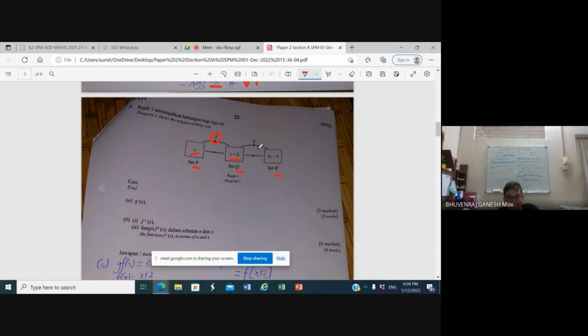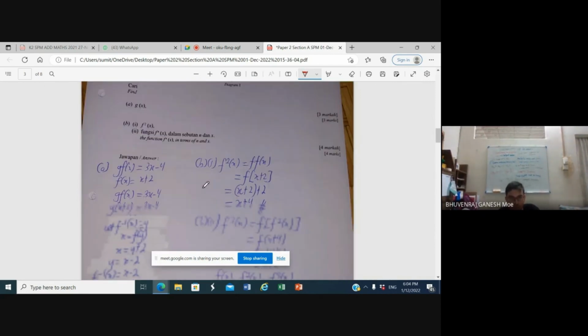So follow the arrow. Function g is mapping x plus 2 to 3x minus 4. This is how we say it. Function g maps set Q to set R. This is how the question will tell you. Maps means where the arrow is pointing. That's what they're trying to say. So you see the solution.